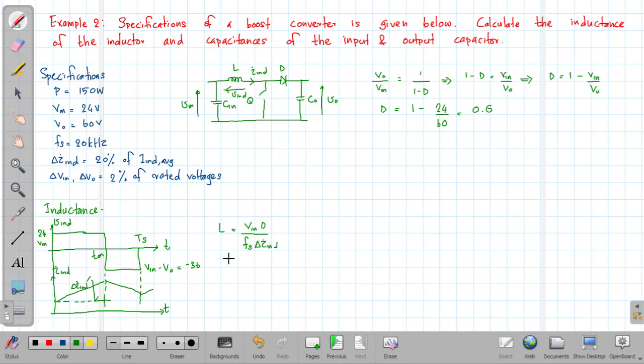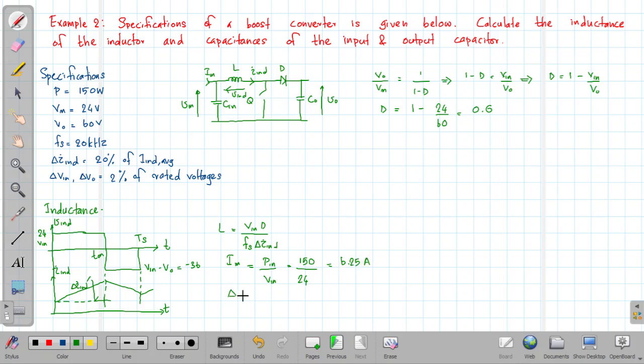We can calculate I in, the input current. It would be P in divided by V in. The input power is 150 and the input voltage is 24. 150 divided by 24 is equal to 6.25. So the input current is equal to 6.25 amperes.